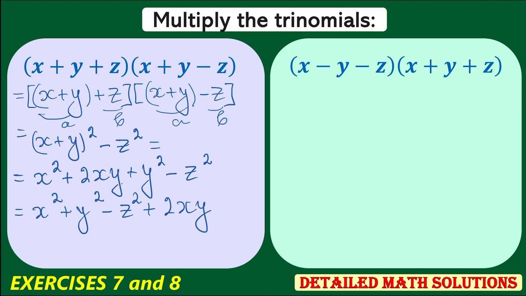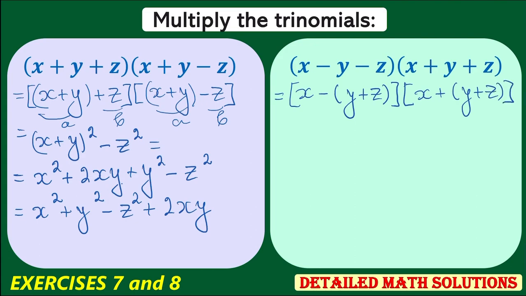Next exercise. Multiply the trinomials x minus y minus z in parentheses and x plus y plus z in parentheses. I can write this expression as x minus y plus z in square brackets multiplied by x plus y plus z in square brackets.